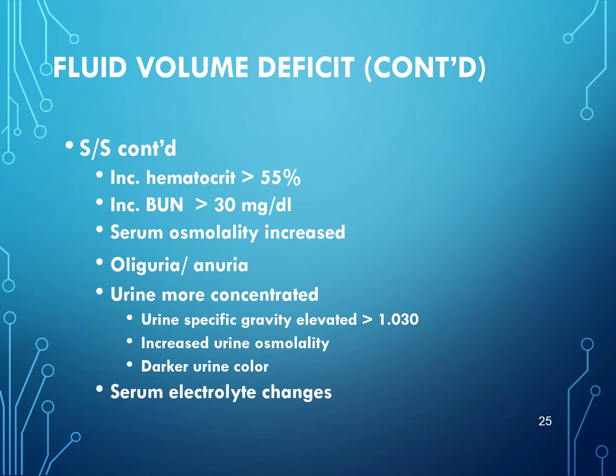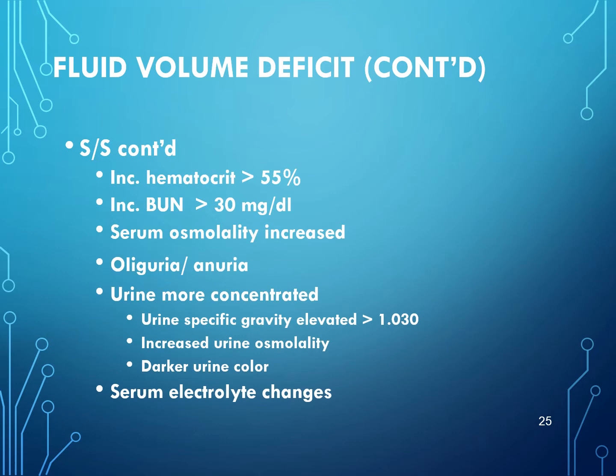The ratio will be greater than 20 to 1 with creatinine, and creatinine is normally 0.7 to 1.4 milligrams per deciliter. Then we have our serum osmolarity, which will be increased. The normal is going to be between 279 to 290 osmoles per kilogram.